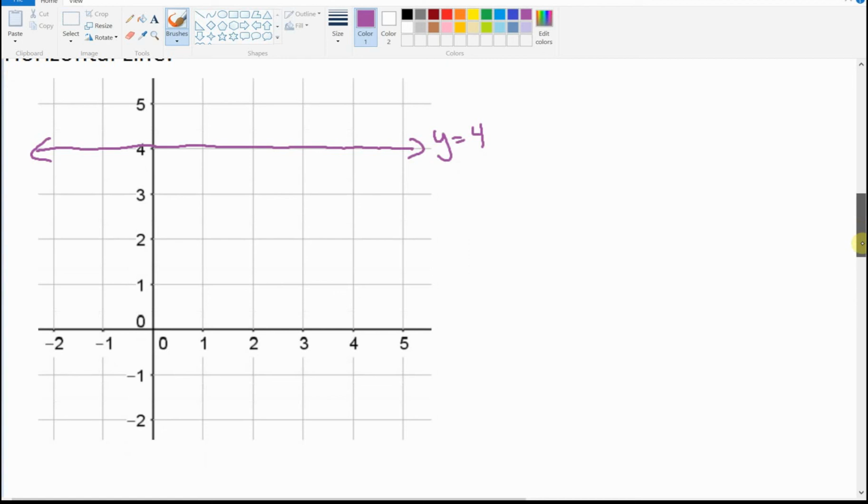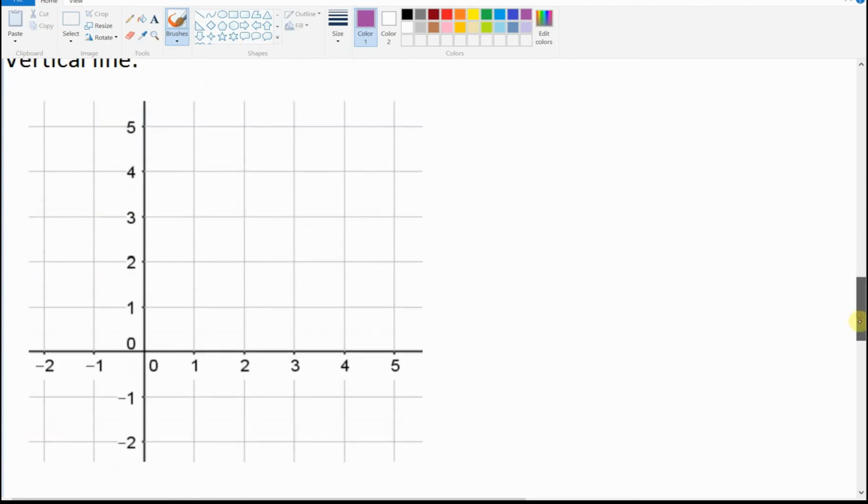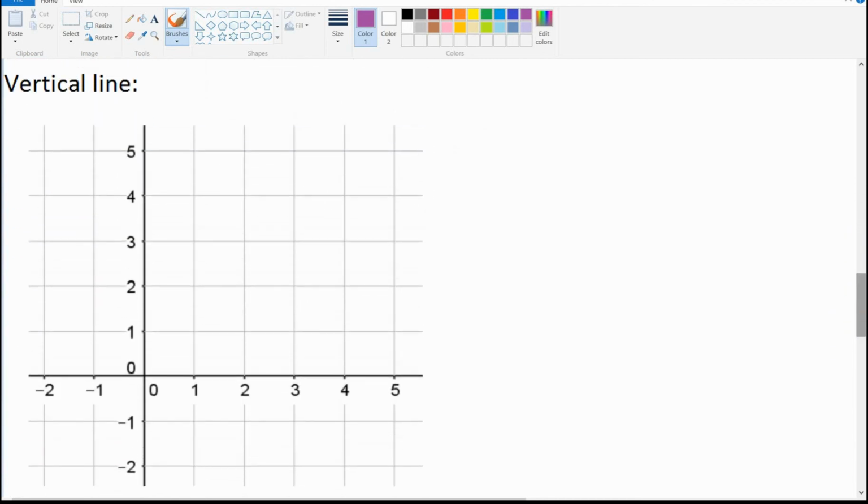Let's go on to vertical. So vertical, up and down, just like the vertical axis. So let's do an example with a vertical line. Okay, let's do a vertical line through -1. So for the vertical line, we don't have a y-intercept. We can't do the slope because it goes straight up and down, and that would give us 1 over 0. We can't do 1 over 0.